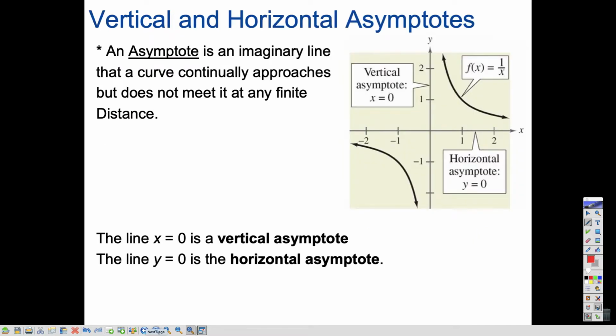So, asymptotes. You need to know what an asymptote is. An asymptote is an imaginary line that a curve continually approaches but does not meet at any infinite distance. You should have been introduced to asymptotes in Algebra 2, and it's always the funnest word to say in math because you think you're getting away with something.